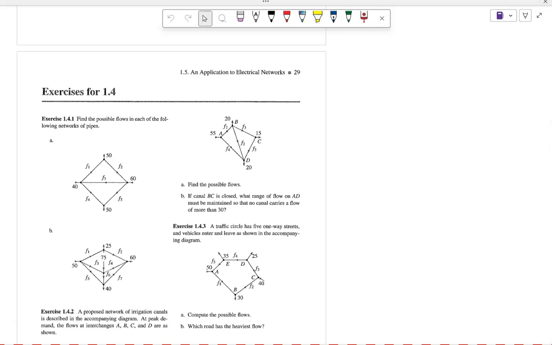So let's look at this first example, number 1.1, part A. It's a little past the reading. It should say page 29 at the top.